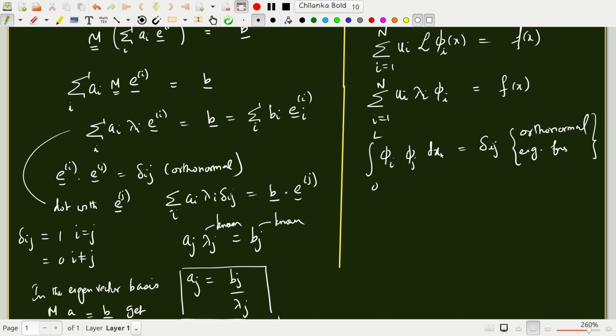So I am going to take this expression, multiply by phi j and integrate from 0 to L dx, the entire equation.